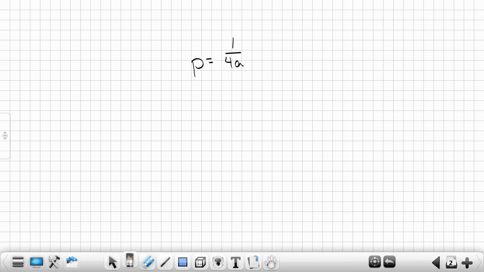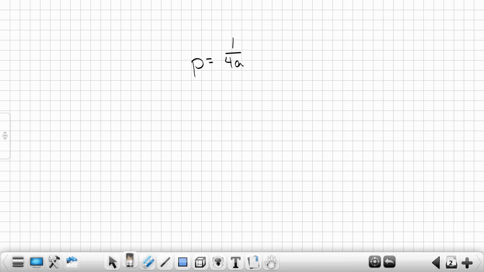So 1 over 4p equals a. Yes. All right. So p is equal to 1 over 4a.